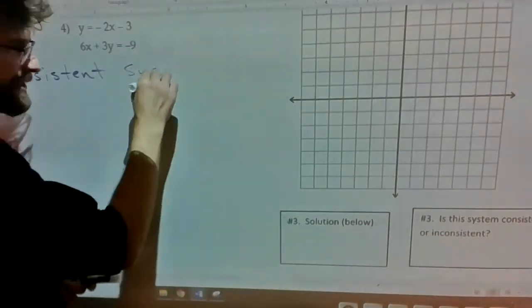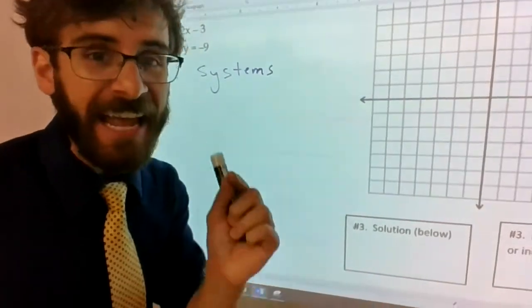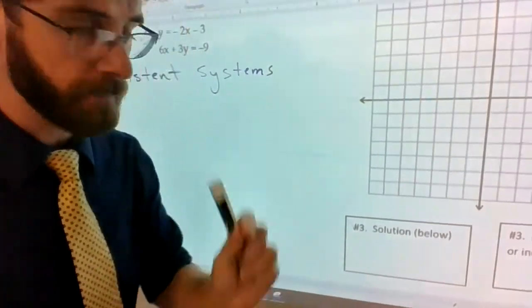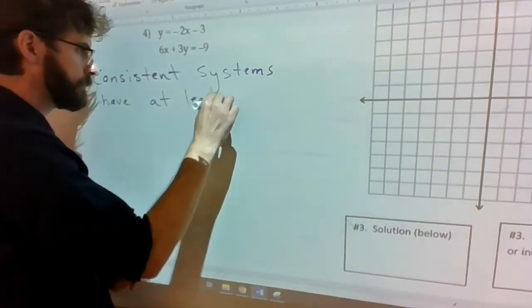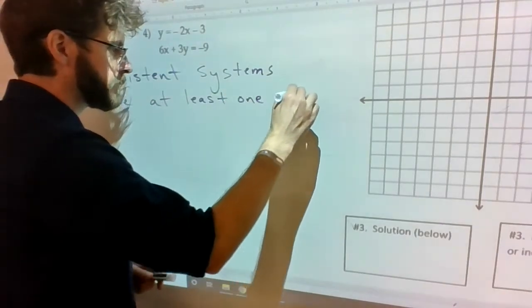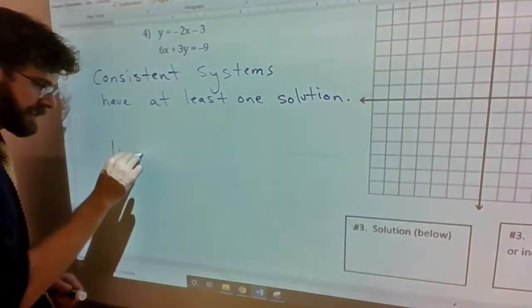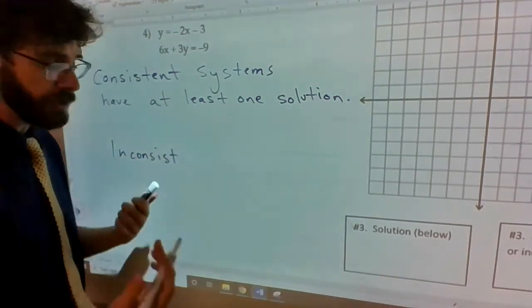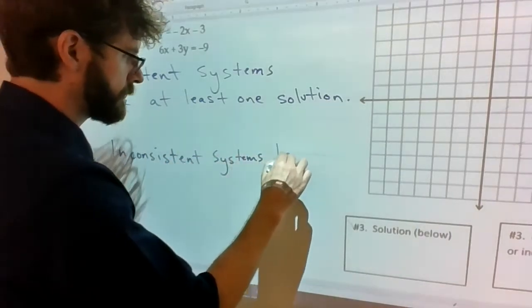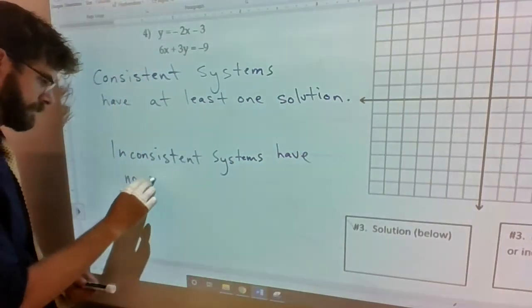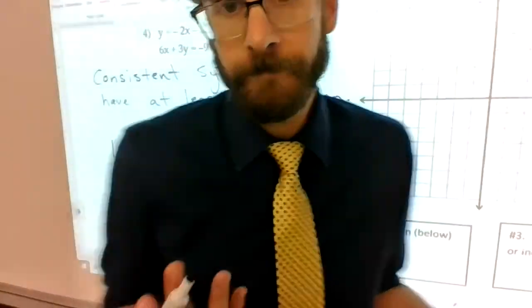All right, consistent systems. Very basic definition. They have at least one solution. Inconsistent systems have no solutions. That's it.